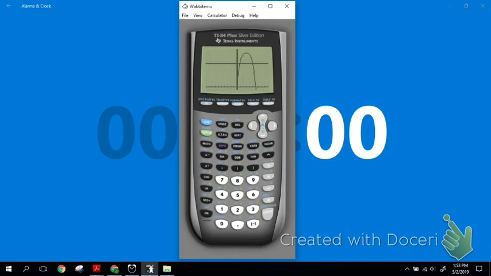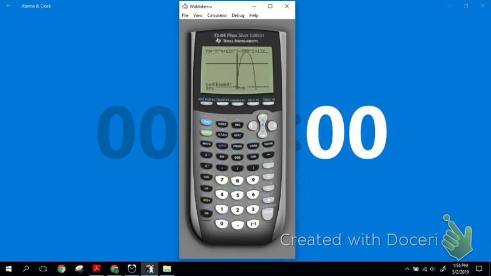Now, if you ever need a more exact answer, we're going to talk more about this today, but you have a little calculate button right here. If you hit second and calculate on this problem, I'm looking for a maximum. So what you're going to do is scroll down until you get to that maximum. And it's going to ask for a left bound.